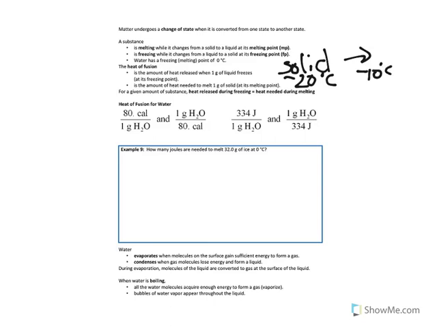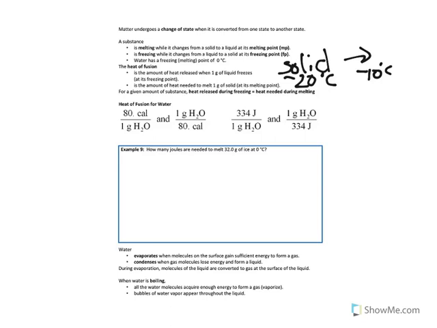How much heat was necessary to take that solid from one temperature to another? The heat of fusion is separate. This is the amount of heat necessary to change the state. It has nothing to do with warming or cooling your substance. It is strictly the amount of energy necessary to go from solid to liquid or liquid to solid.